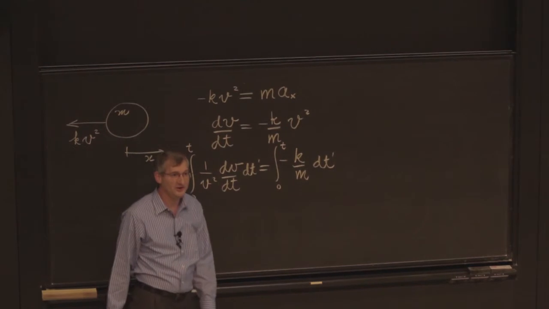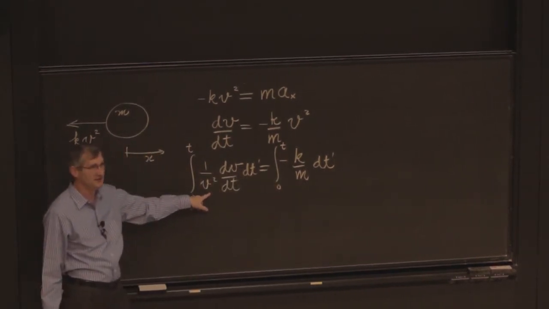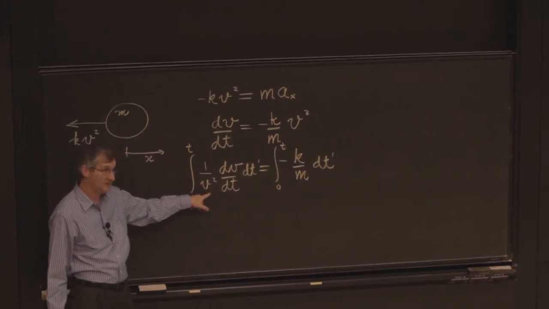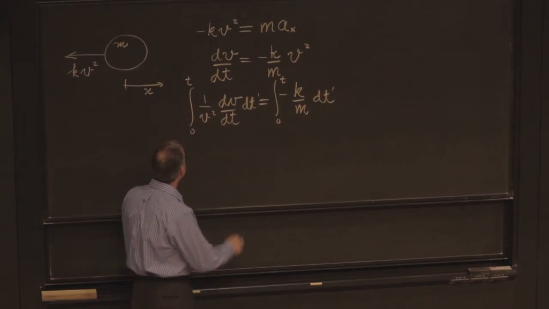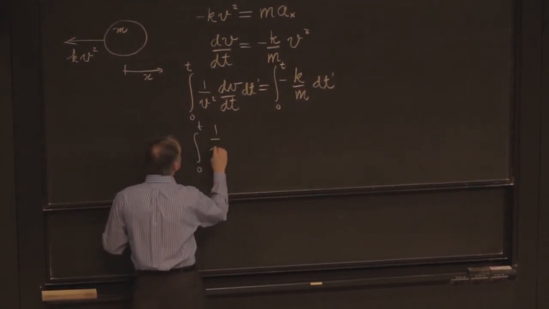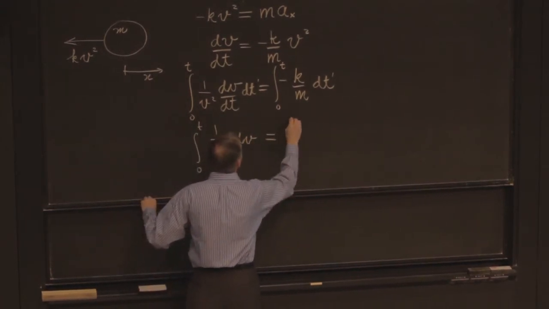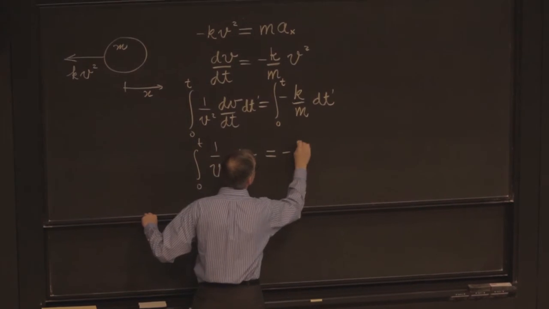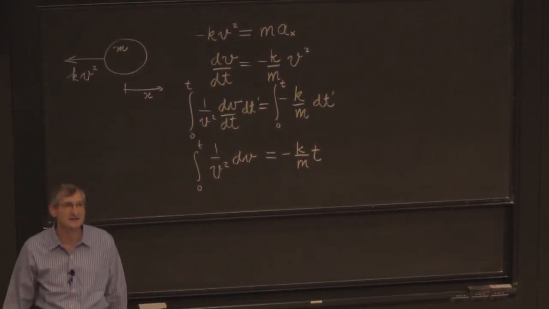But I'm going to want to get rid of the t prime and convert this into an integral just over v. Is this a legal maneuver here? This side is easy. This side is minus k over m times t. So is that a legal move?